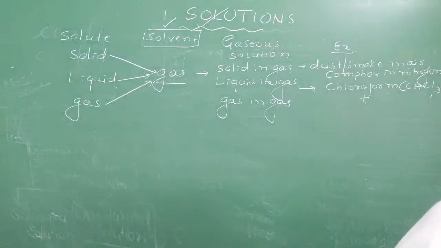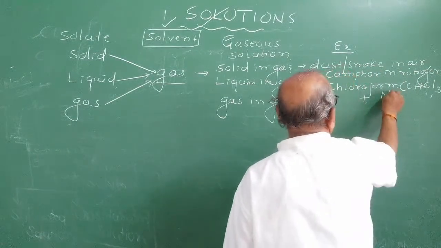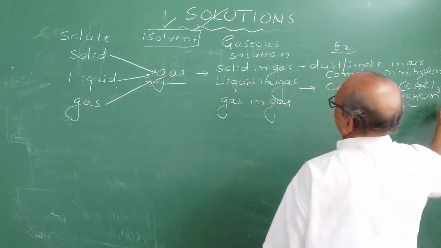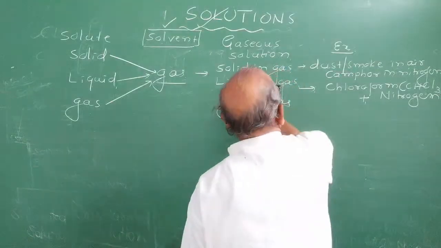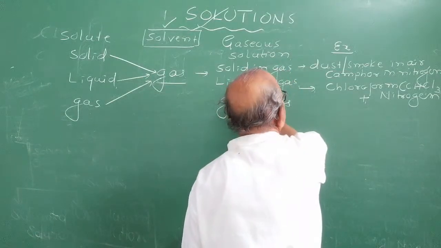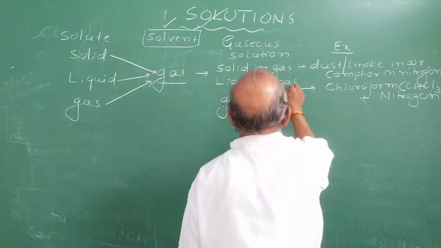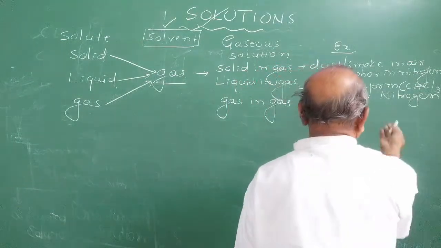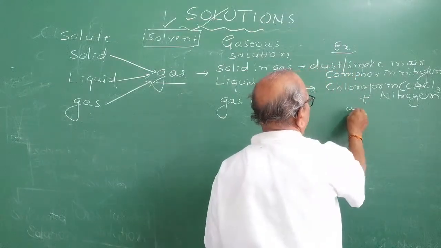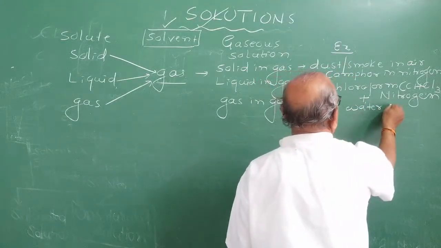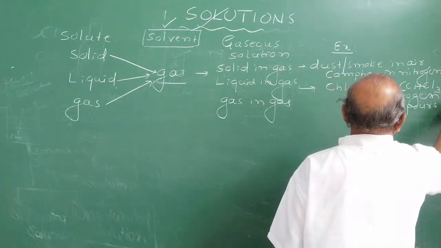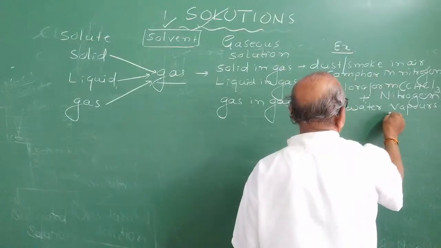Chloroform mixed with nitrogen is an example of liquid dissolved in gas. You can take moisture, mist in air, water vapors in air, which cause humidity.